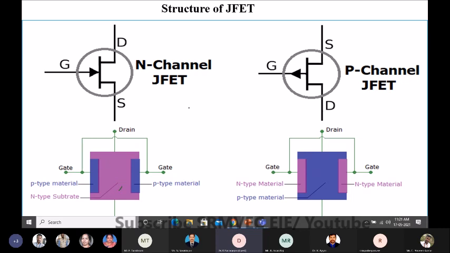If you consider the cross-sectional view, internally your n-type is available, and externally this region we have p-type. On cutting this cross section, we will have this structure. The gate is connected to p-type, whereas the basic material is n-type.